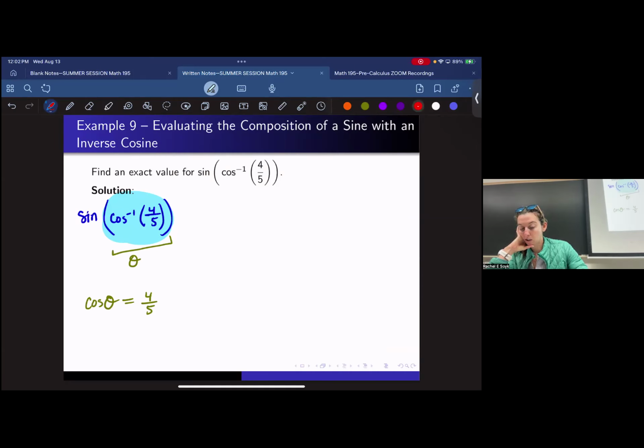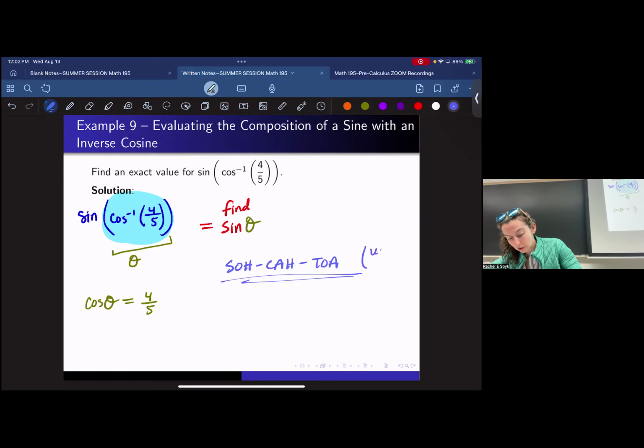And that tells us, okay, well, if cosine inverse of 4 over 5 is theta, what are we solving for? We want to find sine of theta. And we have cosine of theta. Well, when we're utilizing our SOHCAHTOA acronym, what type of triangles do we use? Right triangles. Good.